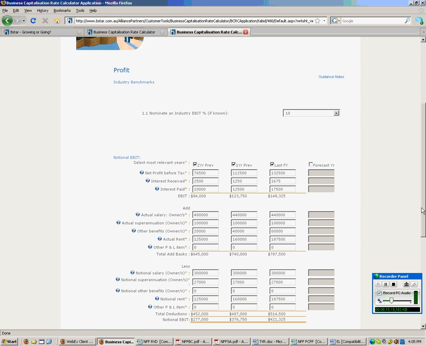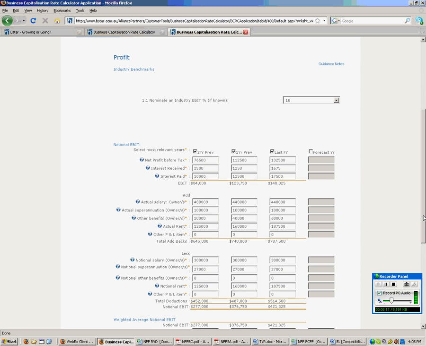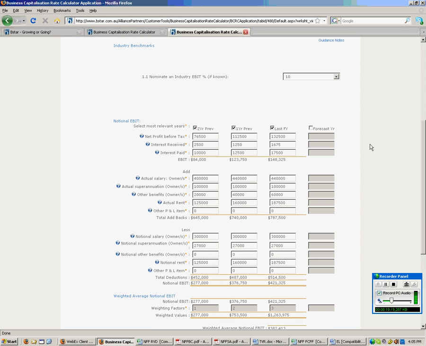The profit reconciliation worksheet allows alliance partners to enter a current year's profit figure, 2 previous years, or a forecast year's profit. The forecast year provides alliance partners with the capability to showcase the future improvement in business value by achieving a targeted profit figure.